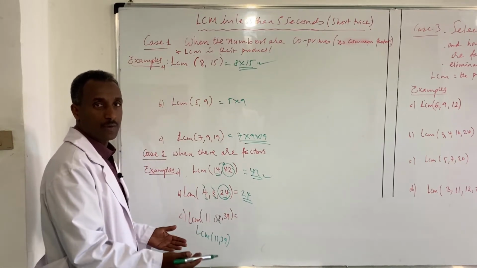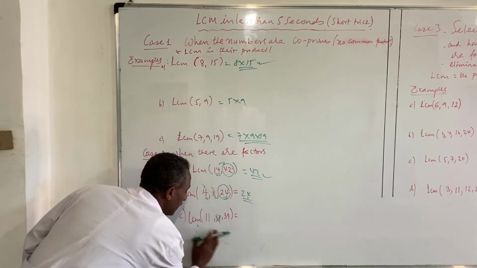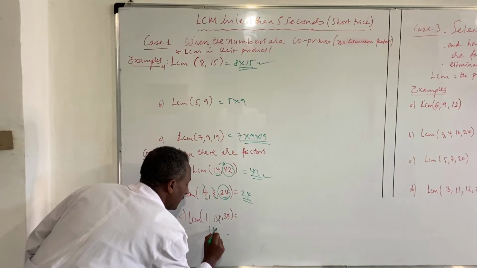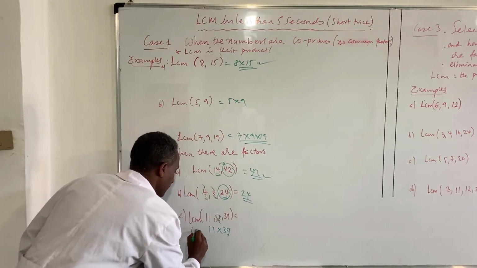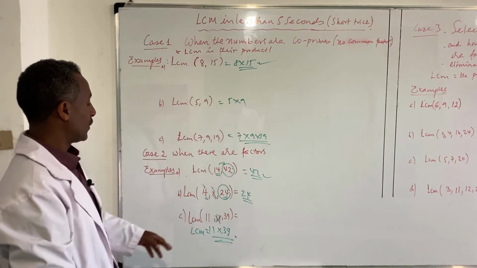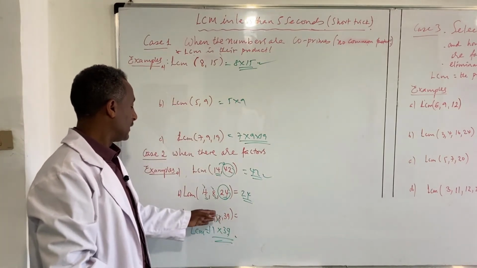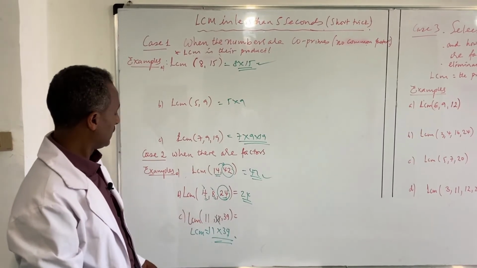They have no common factor between them. So 11 times 39 will be the LCM. So we eliminate the number which is a factor of any one of the other numbers.